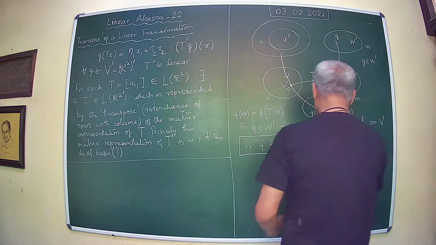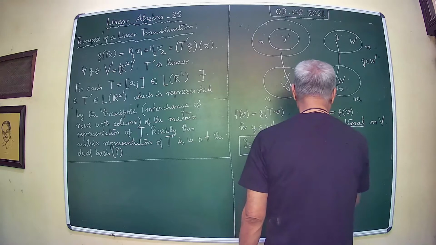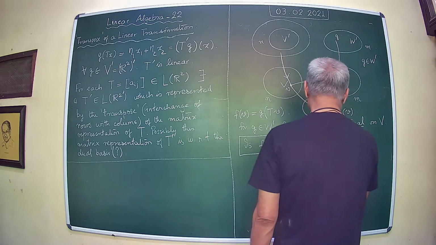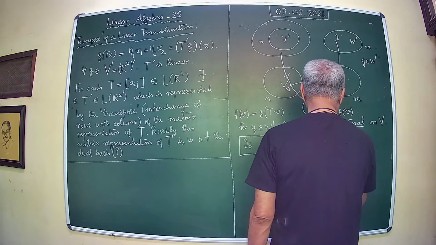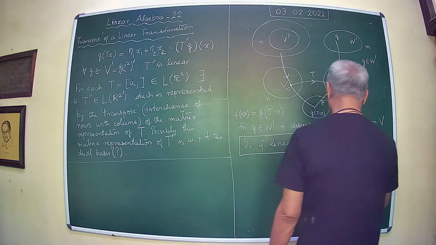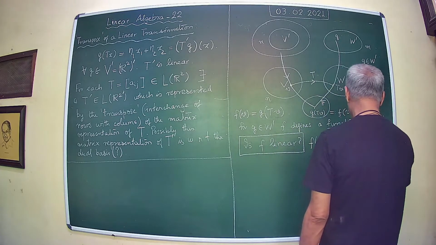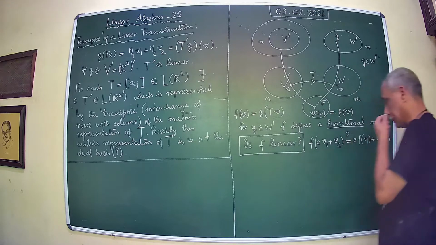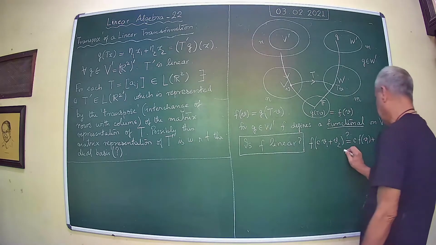What is this? f of c v1 plus v2, is this equal to c times f of v1 plus f of v2? This is the question that we are asking for v1, v2.